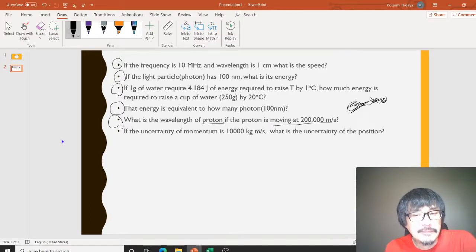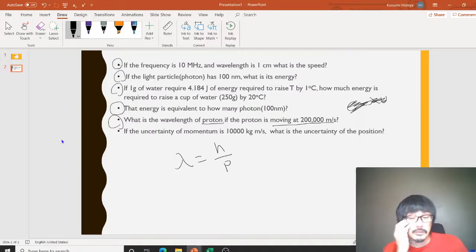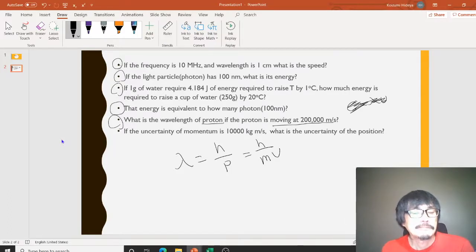That's given information. So what we can actually use is de Broglie's relation. Wavelength is equal to Planck's constant divided by momentum. The momentum is mass times speed, right? So that's pretty much all we need.